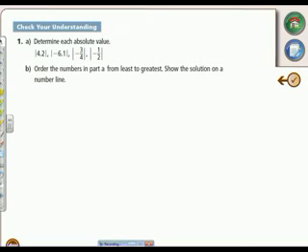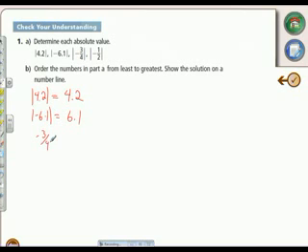Okay, so finding the absolute value. Absolute value, distance from 0. So 4.2 absolute value, it's 4.2 units away from 0. Or in other words, we're going to make it positive. Absolute value of negative 6.1 is 6.1 units away.